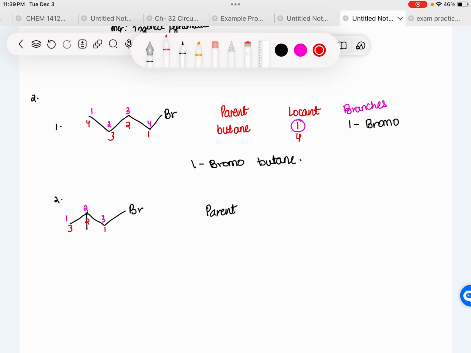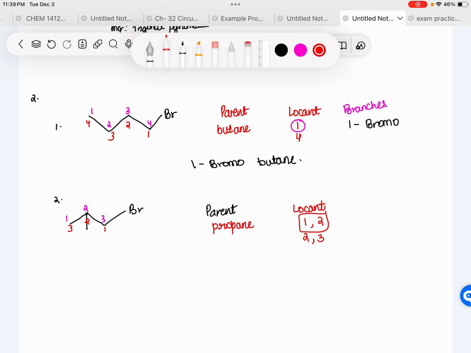We have 3, so it's prop and single carbon hydrogen bond, so it's ane. The locant, we have 2 locations, that is 1 and 2 and 2 and 3.